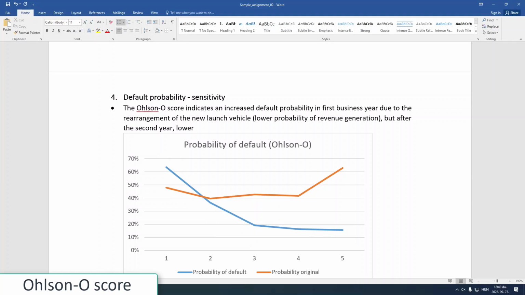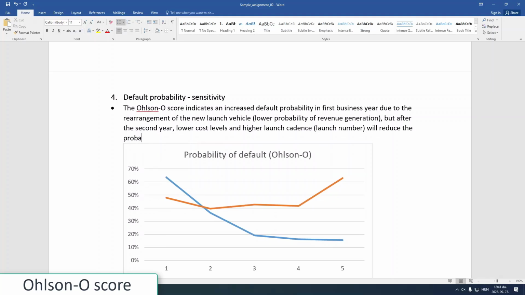But after the second year, lower cost levels and higher launch cadence, launch number, will reduce the probability of default.